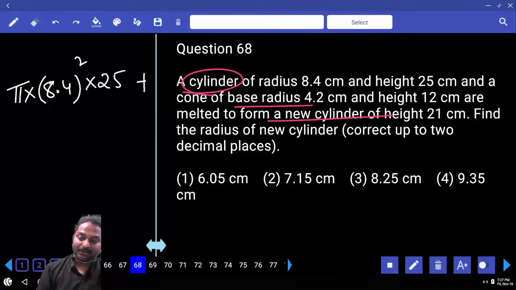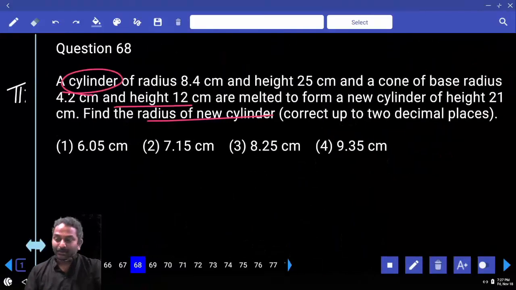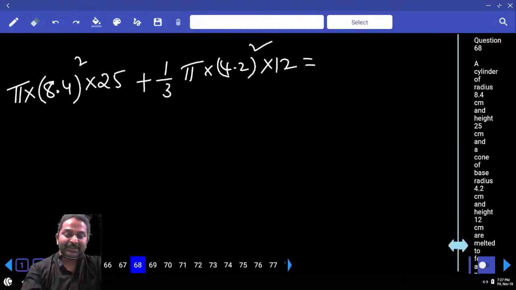What is height of the cone? Height of the cone 12. This is total volume. This must be equal to volume of the new cylinder whose height must be 21. So new cylinder pi r square height 21.